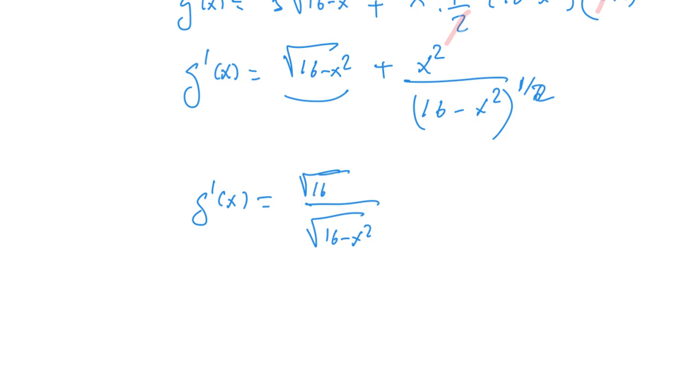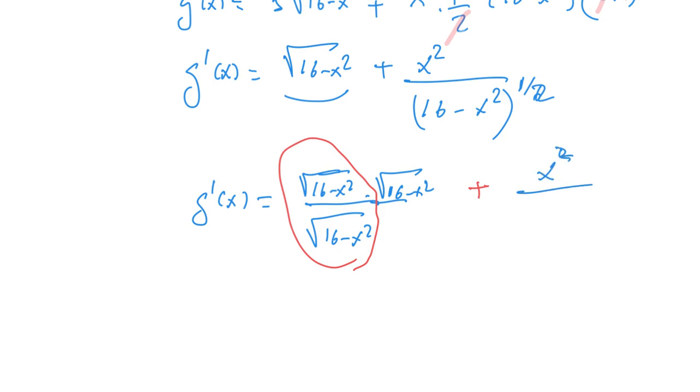So I multiply here by square root of 60 minus x squared. This is 1, of course. Plus x squared divided by 60 minus x squared to the 1/2.